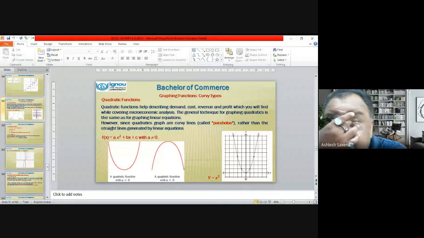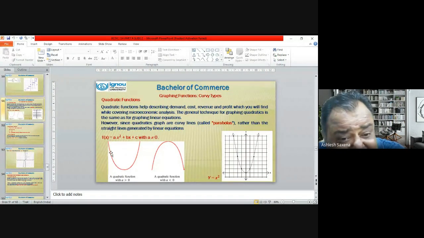Depending upon the value of a, that means its sign, we depict the nature of the parabola, whether it will open upwards or downwards. If a is greater than 0, we will always have a parabola like a proper U. And if a is less than 0, it will be a parabola like an inverted U.